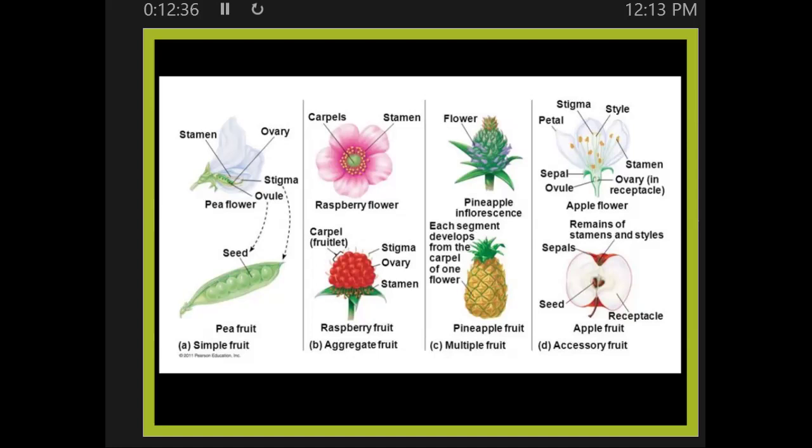And so they're trying to dissect the different parts where you can see the ovaries and then the development of the seed within. No, the whole pod.